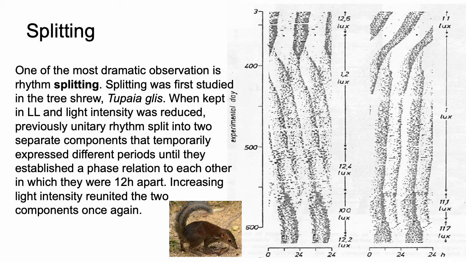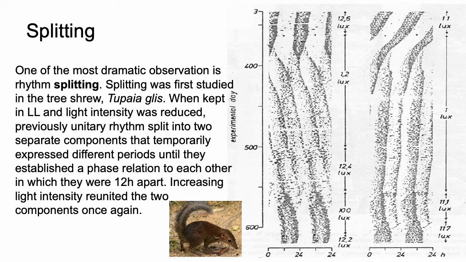So one of the most dramatic phenomena that we've observed manipulating circadian rhythms in captivity is this rhythm splitting, which we've seen before in a previous lecture. And so this was first observed in a tree shrew, Tupaia glis. So when this tree shrew was kept in light conditions, and then that light was reduced, that previous unitary rhythm, that single rhythm, split into two separate components.